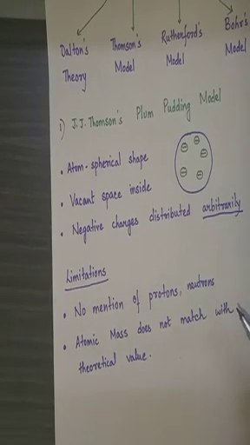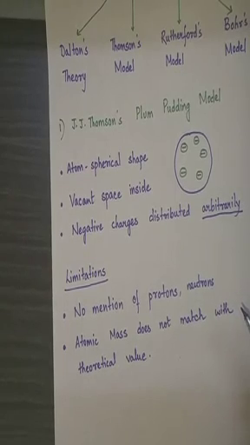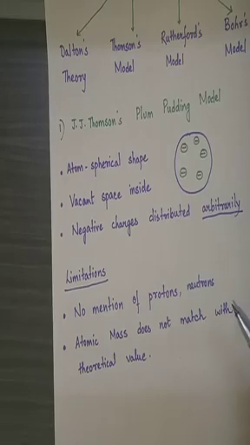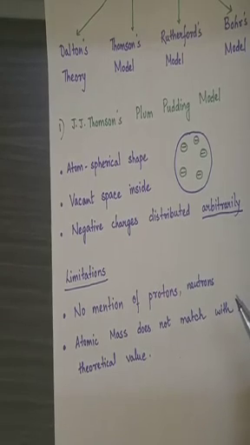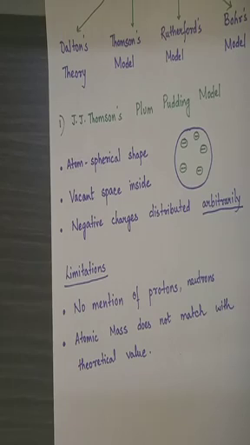So what happens to their mass? He did not even know that there is a proton and neutron. So obviously there is no question of calculating their mass, and hence the mass that was calculated from his theoretical model was not actually the mass of that particular atom.